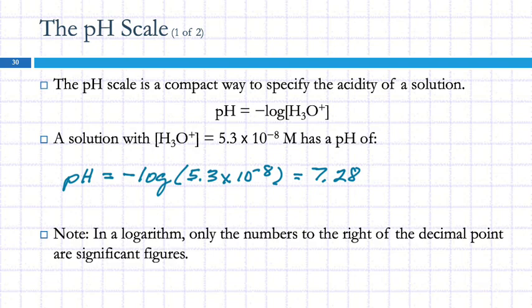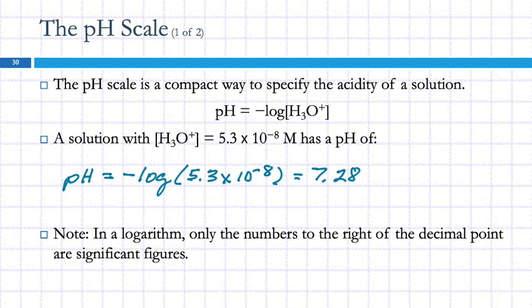When you're dealing with logarithms, with pHs, because this is the logarithm of something, the significant figures are the ones to the right of the decimal point. The 7 is really that place-holding exponent.